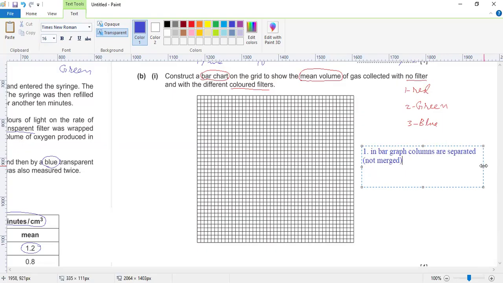And another important point that you should note is that of the graph that is given for you, at least half or more than half of the area should be used.